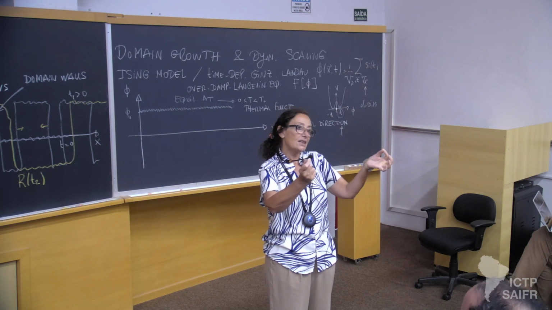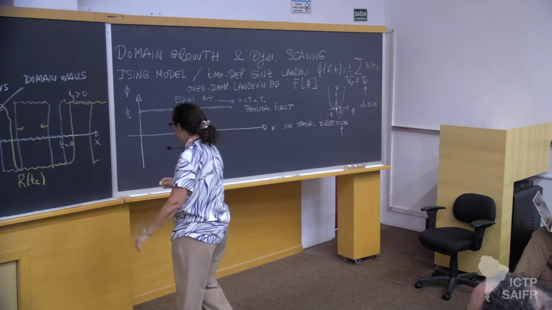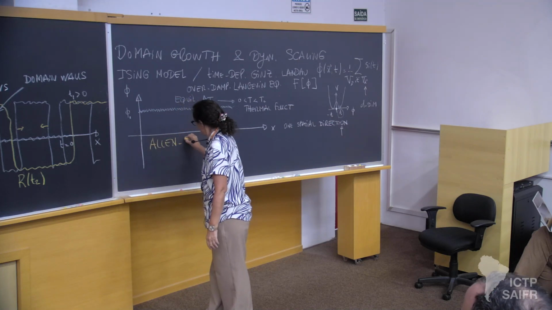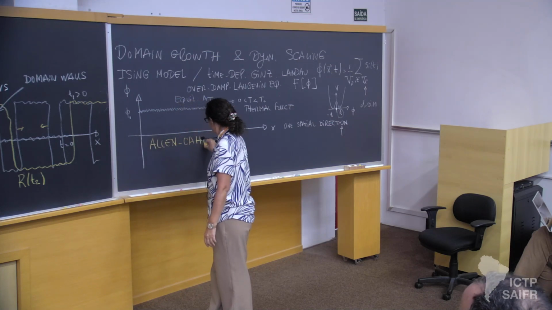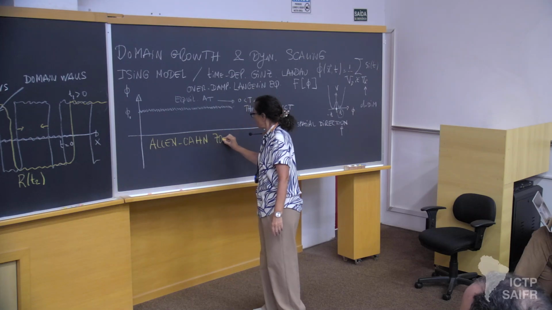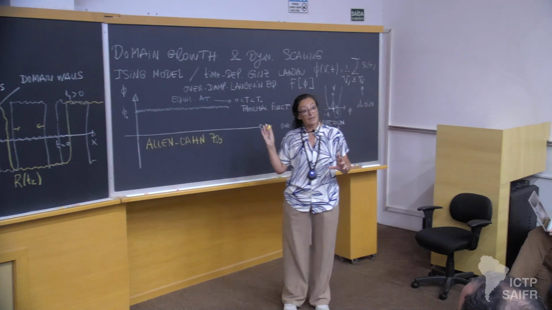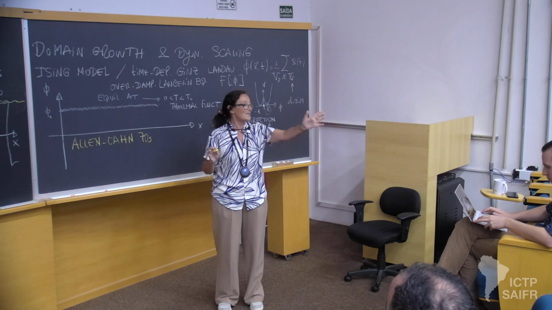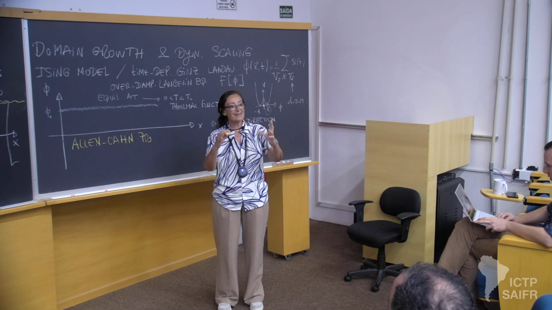And this is very old. This is Allen and Cahn. In the 70s, they studied the problem of domain growth in ferromagnetic systems, what is called non-conserved order parameter dynamics, non-conserved magnetization.